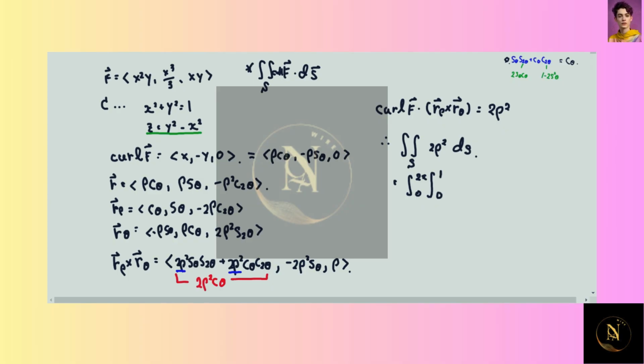Oh, no, it's not 2 rho squared, it's 2 rho cubed, because it's a polar coordinate system. So d rho d theta. And then when we evaluate this expression, we will end up having pi. And this is how you solve this problem.